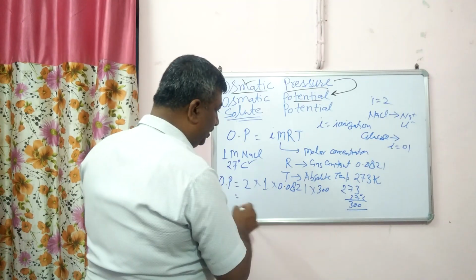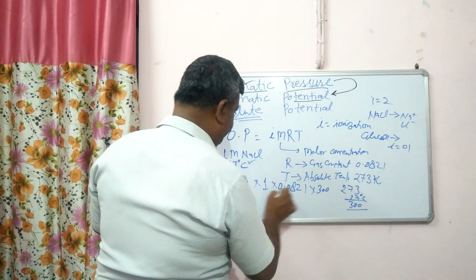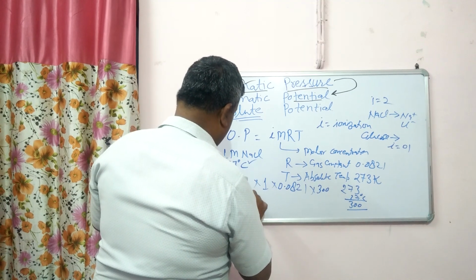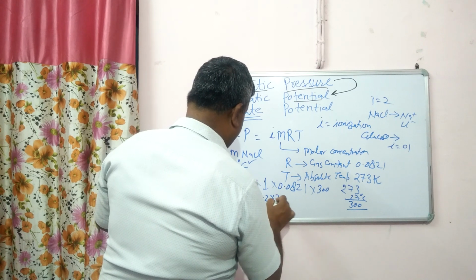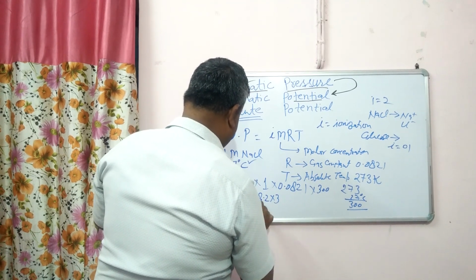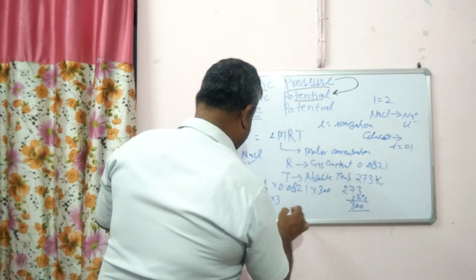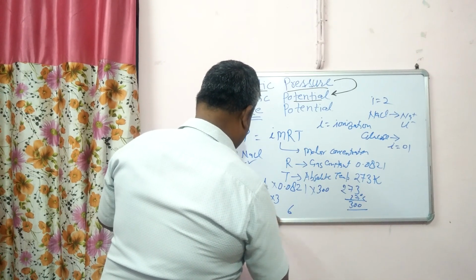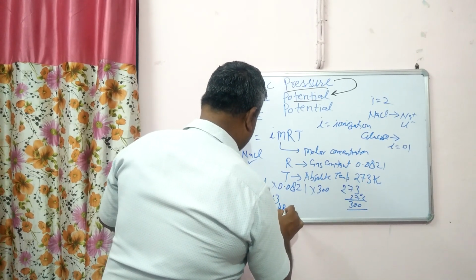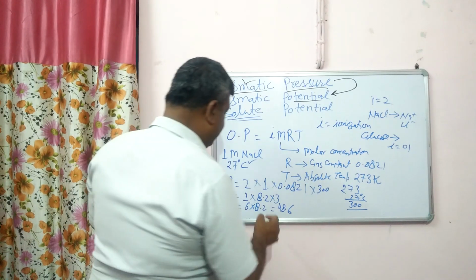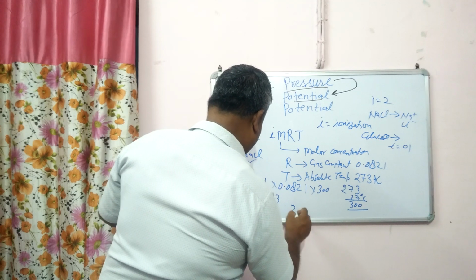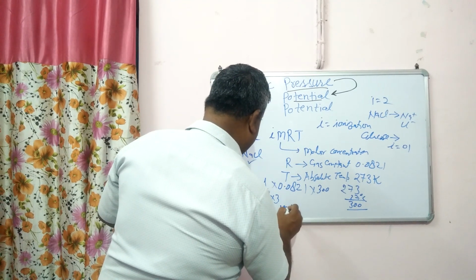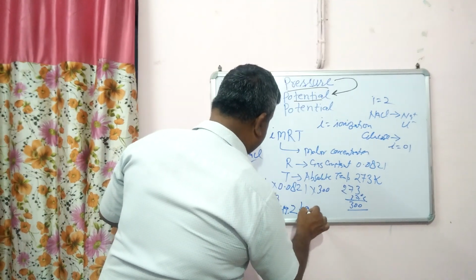So it is about 2 into 8.2 into 3, that is 6 into 8.2, that is 49.2 bar.